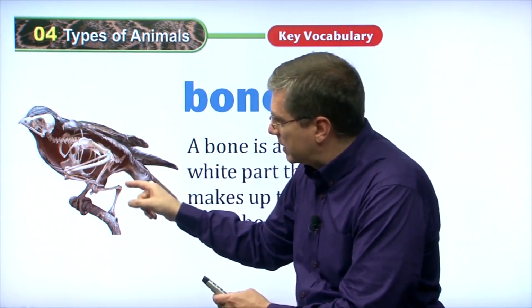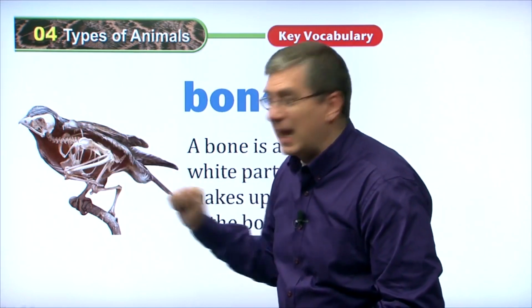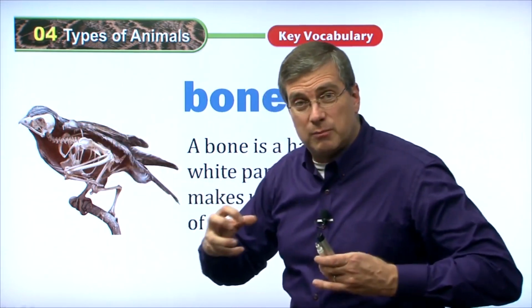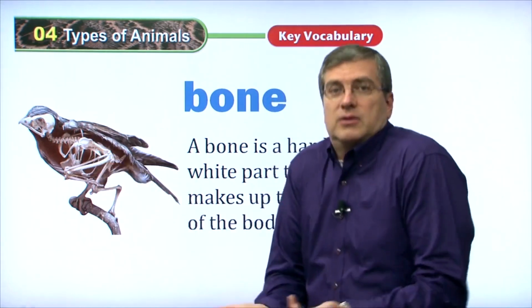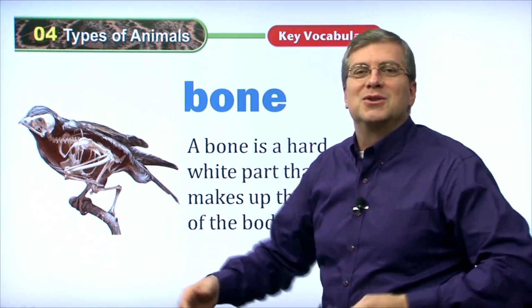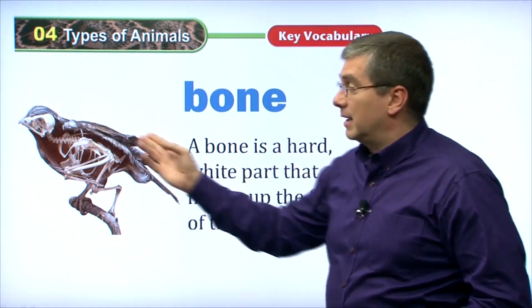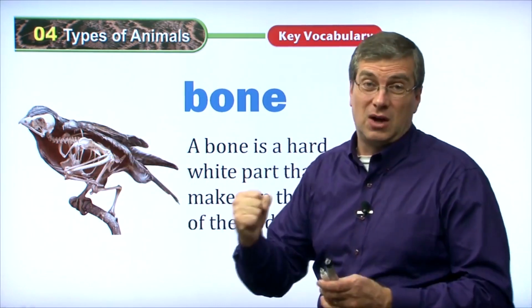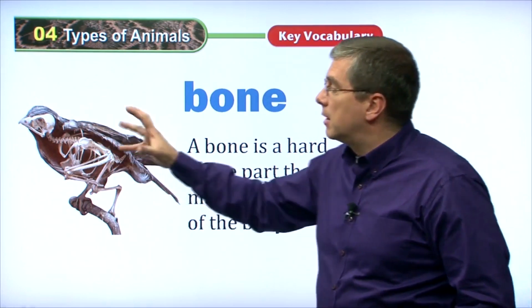You're left with the skeleton, the hard, bony structure inside an animal that supports the body, right? If you didn't have the skeleton, right, there's no support. It would just fall apart. There's nothing to be able to move around, right? So the most important thing of a bone is that it's the hard, white part that makes up the frame of the body.